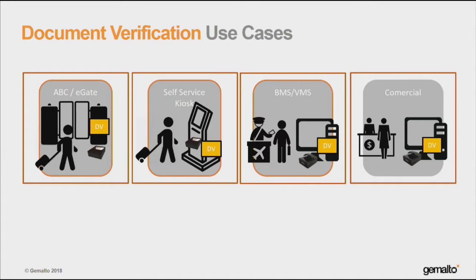We also see it used in border management systems and visa issuance situations, and there is a growing need on the commercial side, not just in airports for currency exchange, but also in financial institutions.